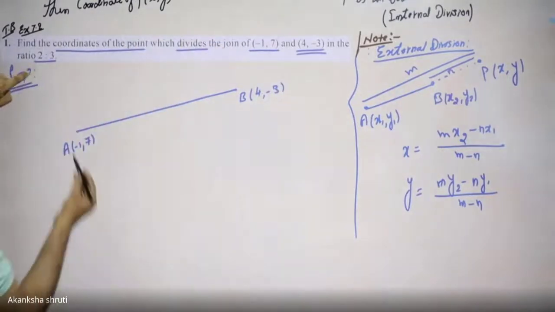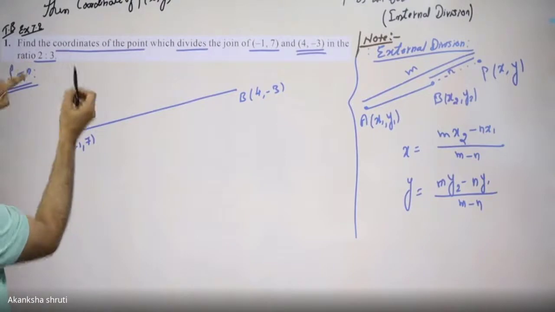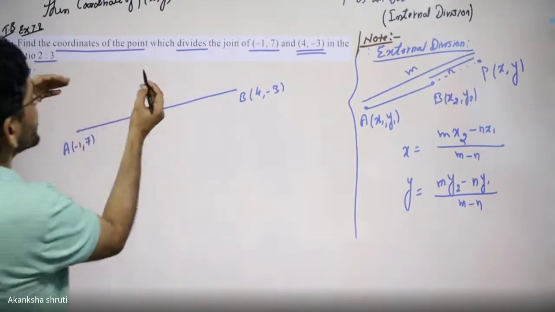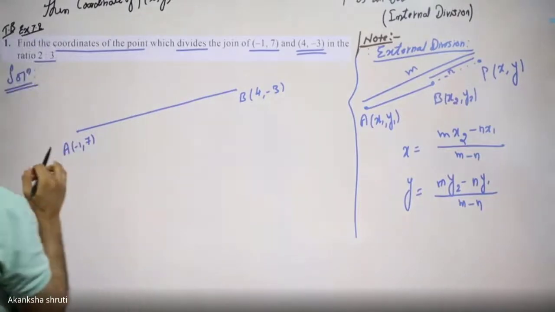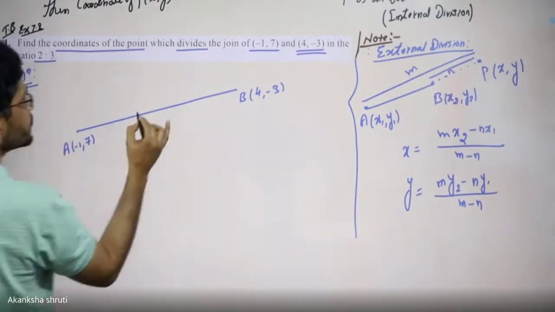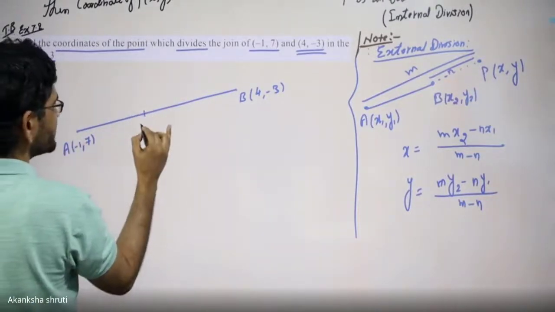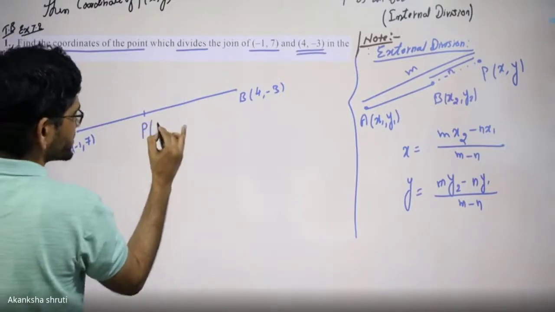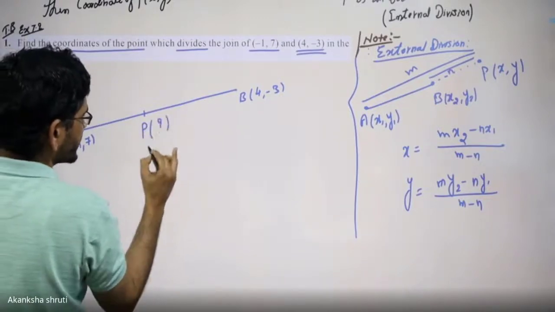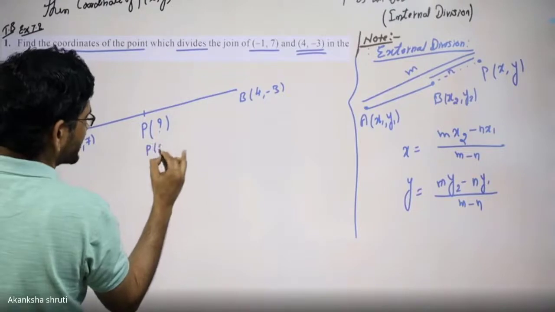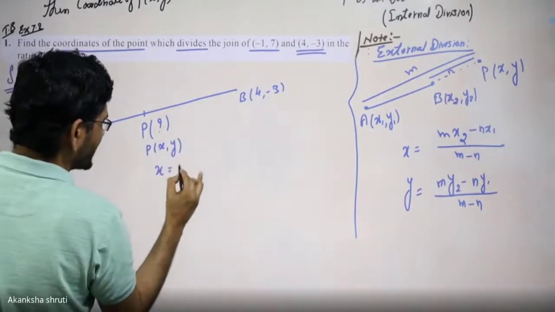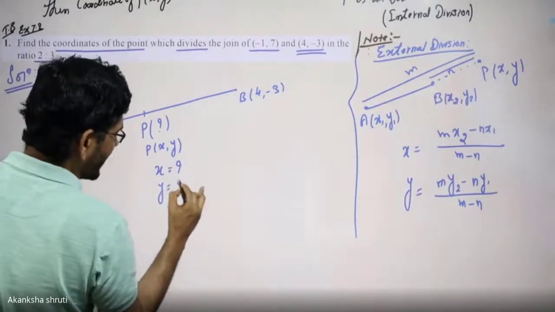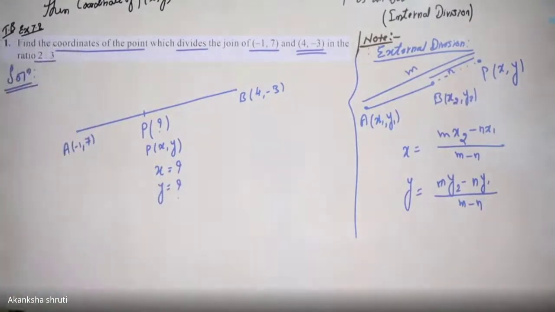Now, it is given that we have to find the coordinates of that point which is dividing this line segment AB in the ratio 2:3. Means we want to get the coordinates of this point, P(x, y), that we want to calculate. So what is the value of x here? What is the value of y that we want to know here?